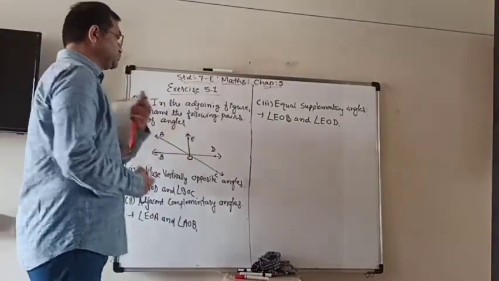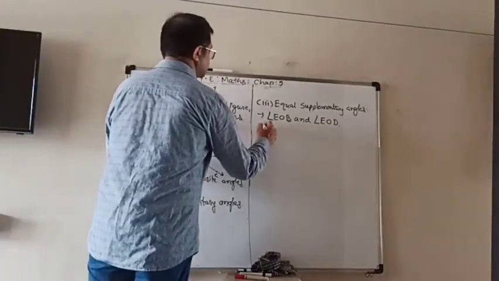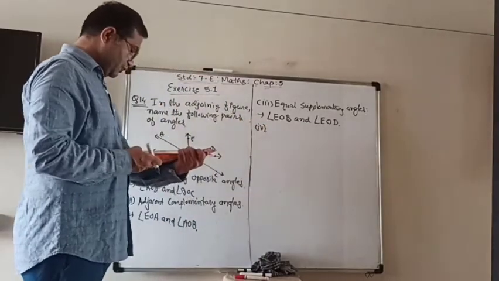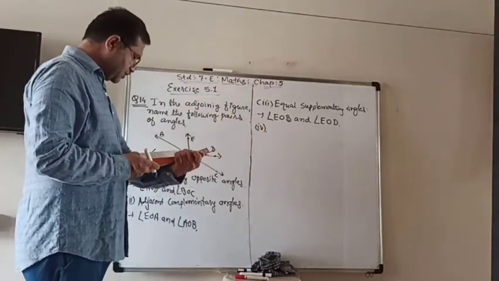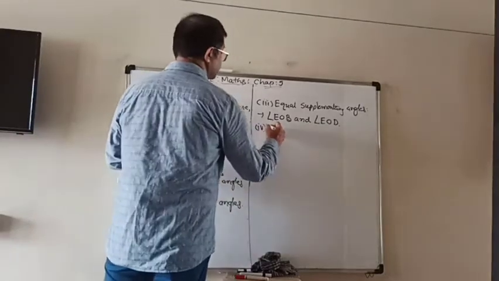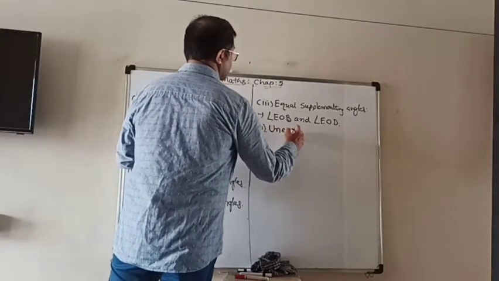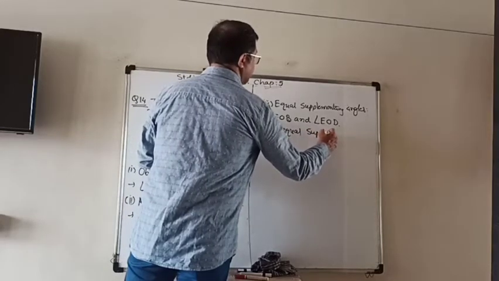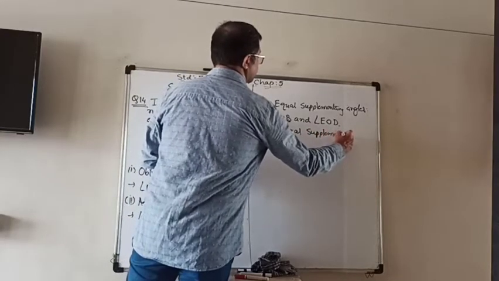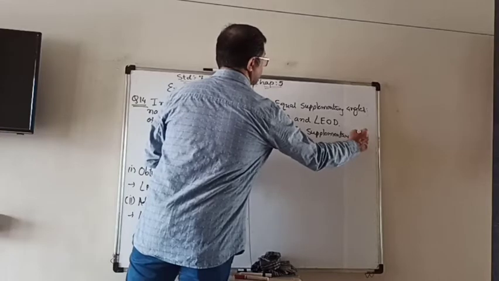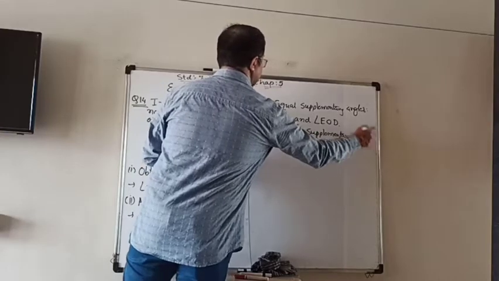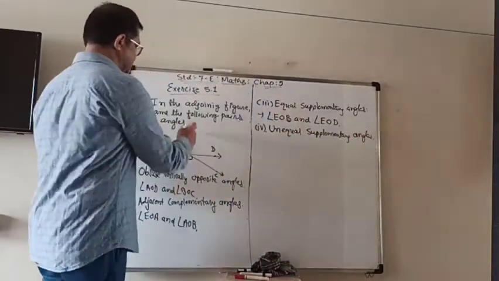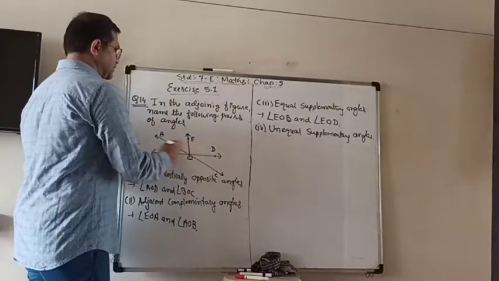Then the fourth one is unequal supplementary angles. Here we saw the equal supplementary angles, they were making that one.